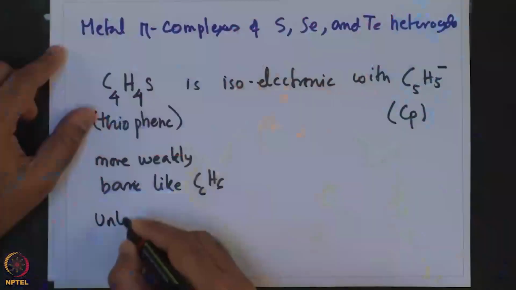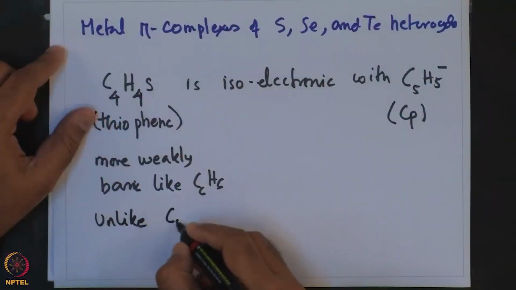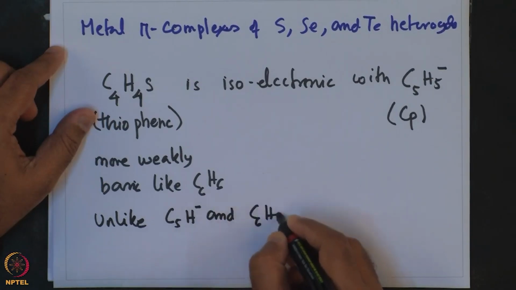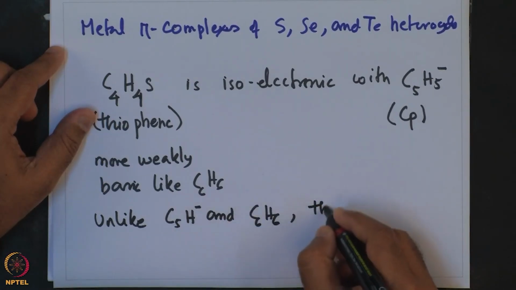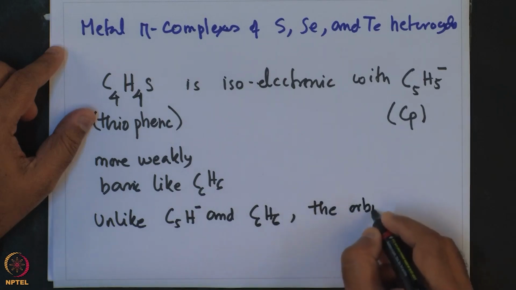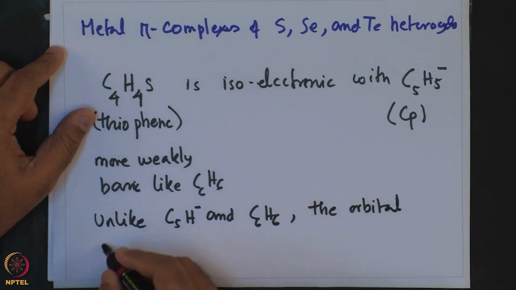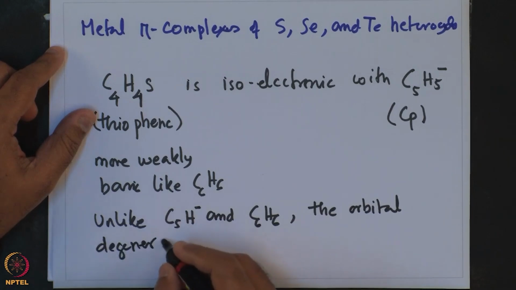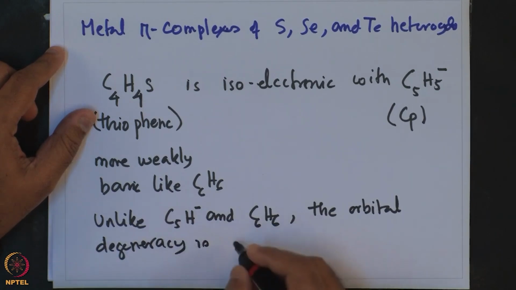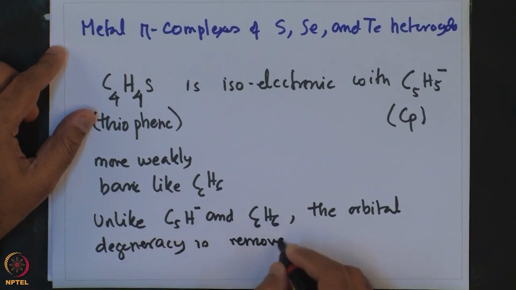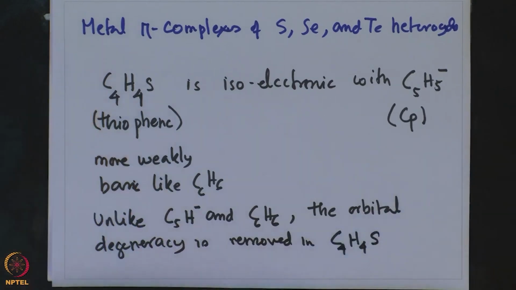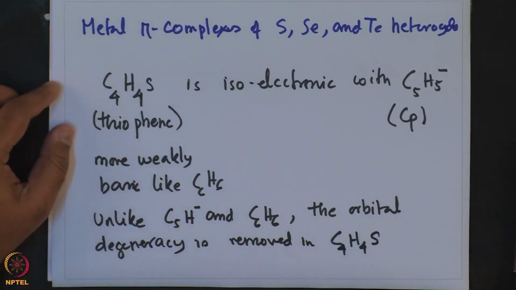So, unlike C5H5 minus and C6H6, the orbital degeneracy is removed in C4H4S.